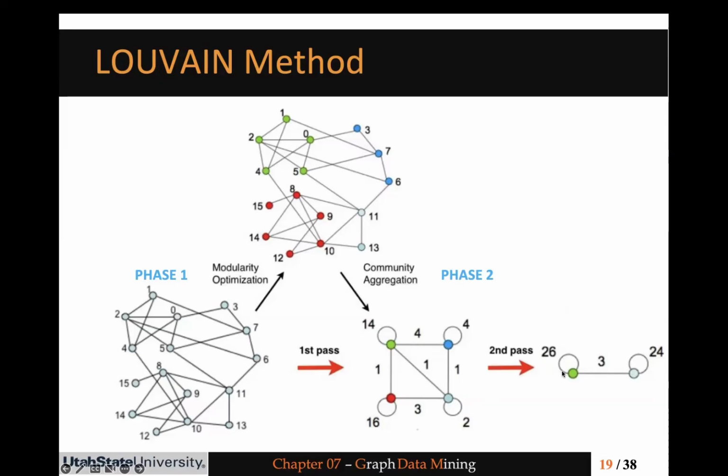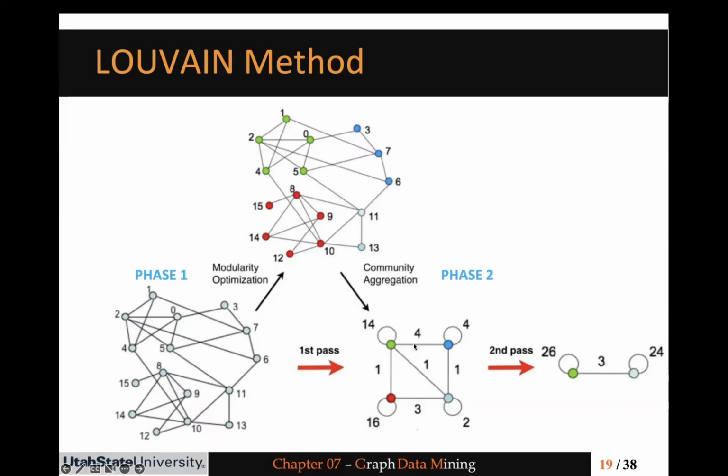All right, so let's have a look at the weights of the nodes that I have here. So I have a self loop of 26, right? Which is 14 plus 14 plus 4 in this case. In addition to that, you might see that we have three edges which connects the new green community with the light blue community over here.